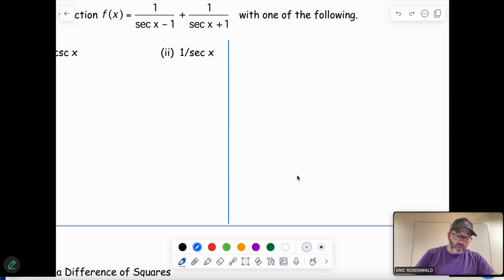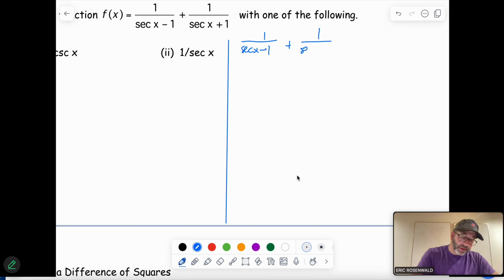We're going to start with 1 over secant of x plus 1, minus 1, plus 1 over secant of x plus 1. And when we look at our identities, we don't have secant of x minus 1, but here's what we do have. We do have secant squared minus 1.